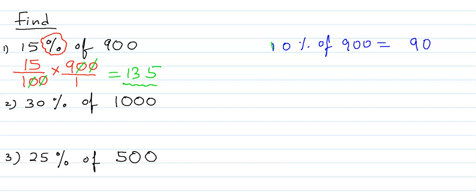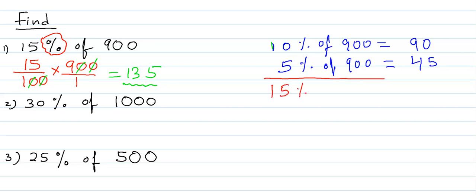We want 15%, so what do you want? You want 5% more. If 10% of 900 is 90, 5% will be half, so it will be 45. You can add these: 10 plus 5 is 15% of 900, and 90 plus 45 is 135. This is the second way of doing it.